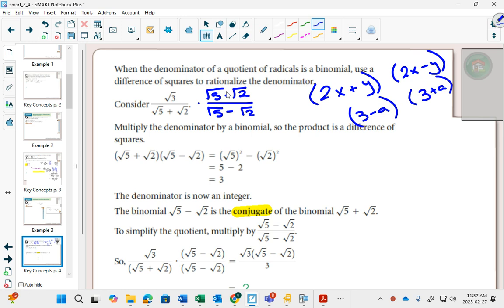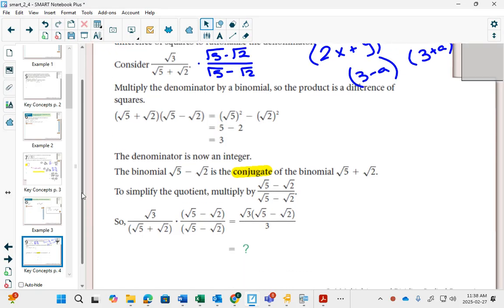So you're going to hear this word. It's a little bit rare, but it comes up here. It's going to come up again in grade 12. It's going to come up in university. When you have the same binomial, but the sign in between is different, those are called conjugates. And a difference of squares is always multiplying two conjugates together.